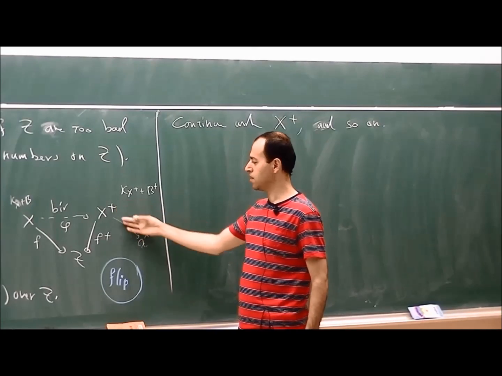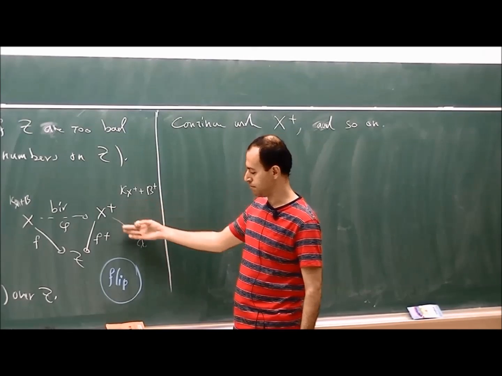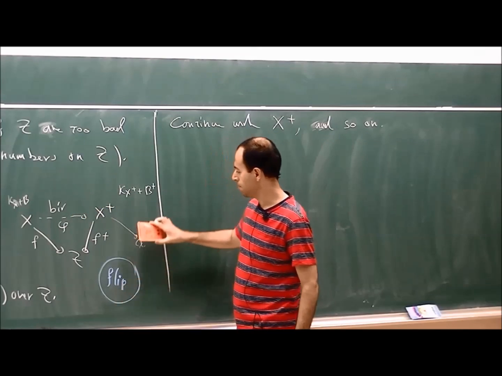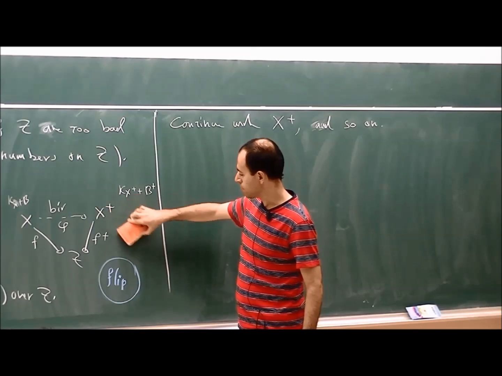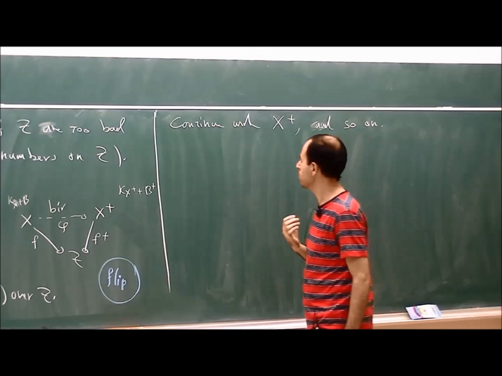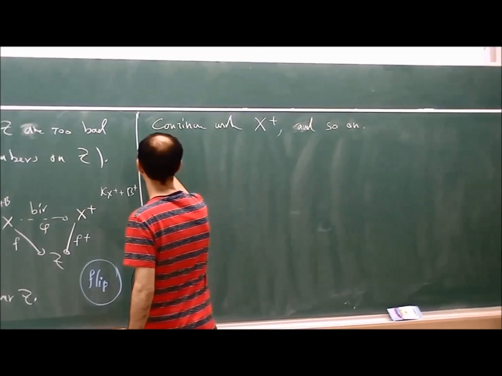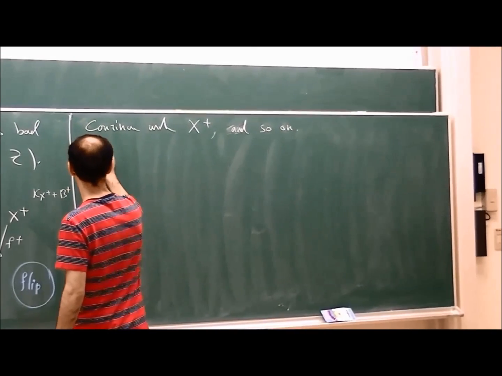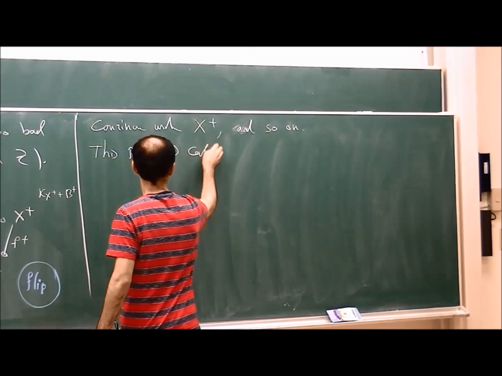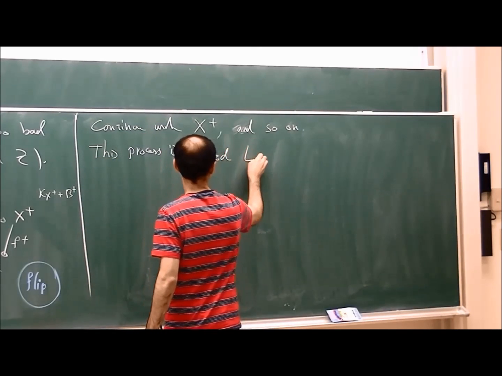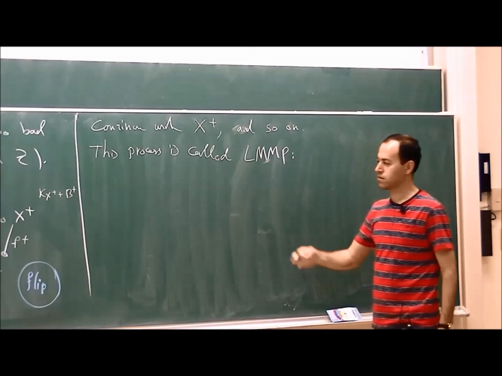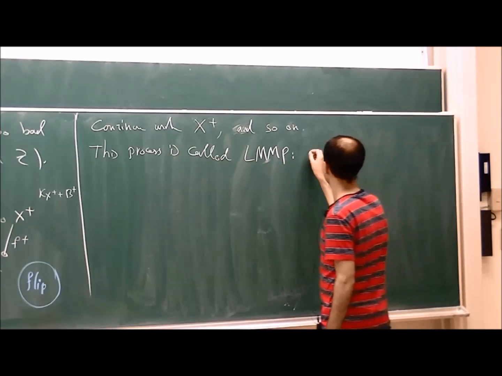This might be divisorial, might be small, that might be another flip, and then you just repeat exactly the same kind of arguments. So you can complete this program. This process is called the LMMP, and you can complete this if you have all the steps.